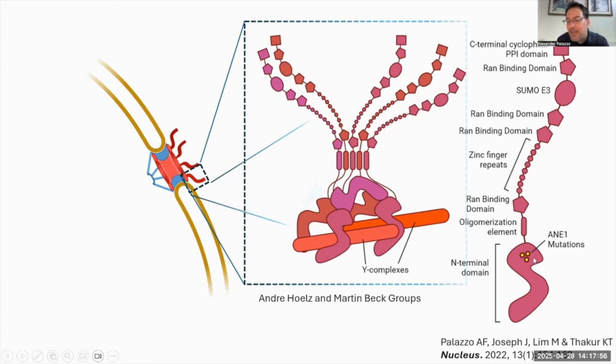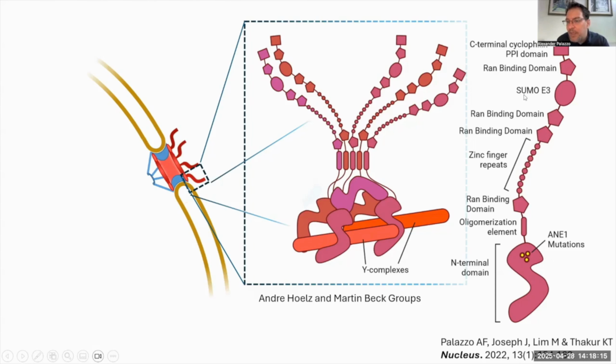I have to say that there are other documented ANE mutations that are widely distributed across the gene and affect different parts of the protein, but the ANE mutation T585M is present around here.